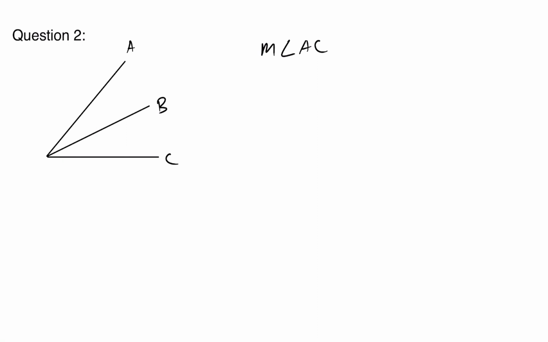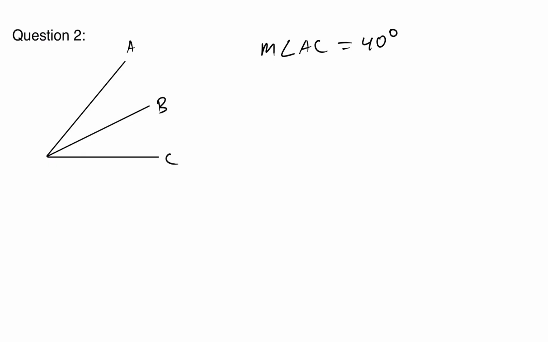Now, let's say I were to give you a similar type of angle, and we'll once again label this angle A, B, and C. But this time, I told you that the measurement of angle AC, which would be the entire thing, is equal to, let's say, 40 degrees.